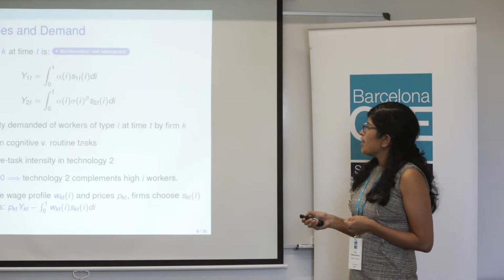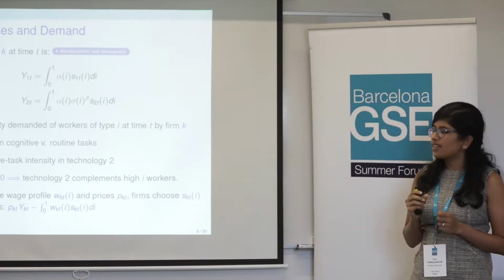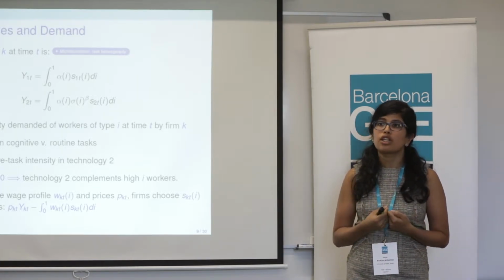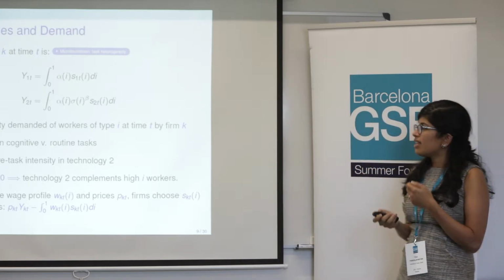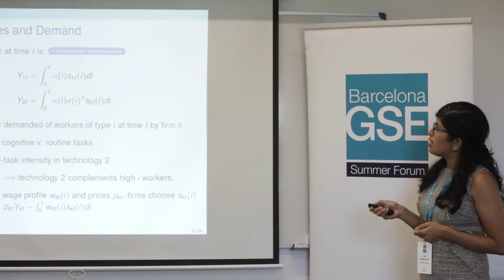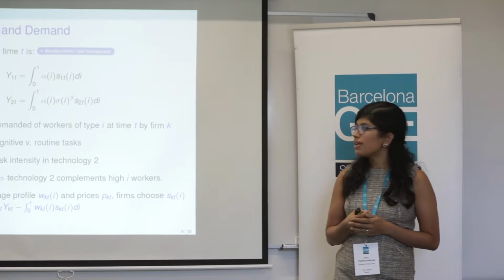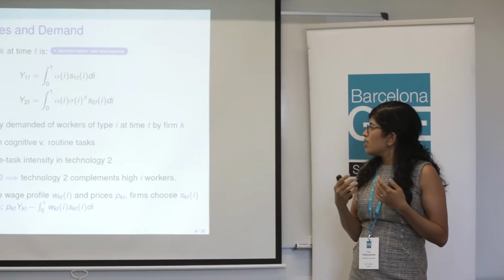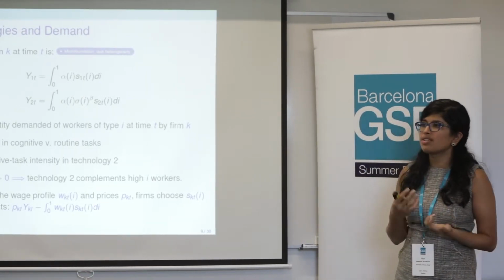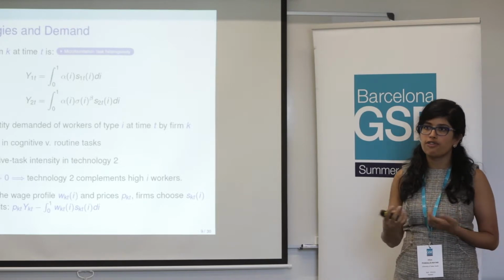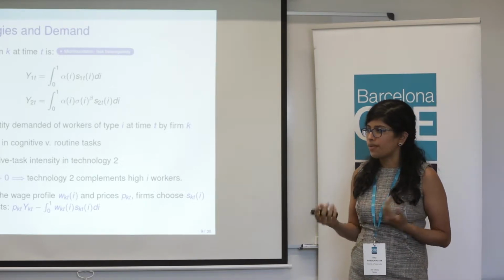Beta is the relative cognitive task intensity in firm 2's technology. Assuming beta greater than 0, combined with sigma I increasing in I, implies that firm 2 is the technology that complements high types. So firm 2 is the cognitive-intensive firm.